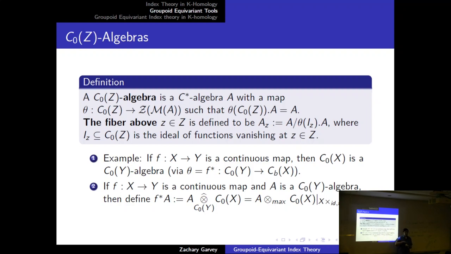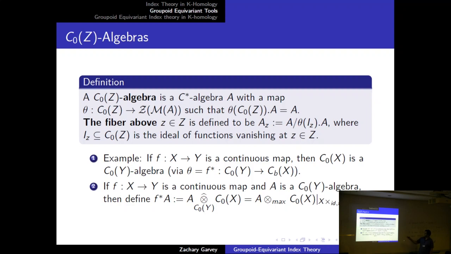The only issue is that this map essentially won't map to C0 all the time, it will map to Cb. So they'll be bounded functions, not necessarily vanishing at infinity. But this is the multiplier algebra of C0(X). So this is exactly what you would want in this situation.